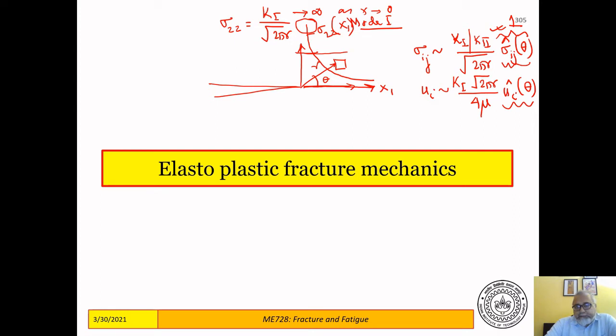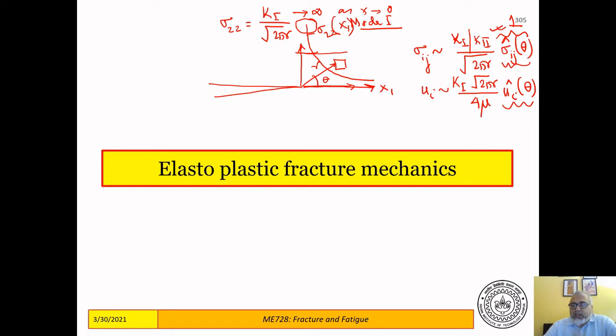Now this leads us to a dilemma. If the solution is not entirely elastic and there is plasticity in it, then what have we done so far? What is LEFM all about? We have been assuming that everything is elastic everywhere, but now we are saying that it cannot be elastic very close to the crack tip, because that's where the material has to yield, since it cannot sustain infinite stresses.